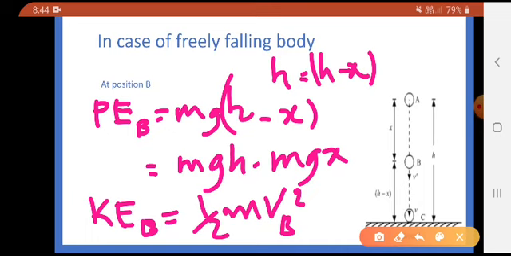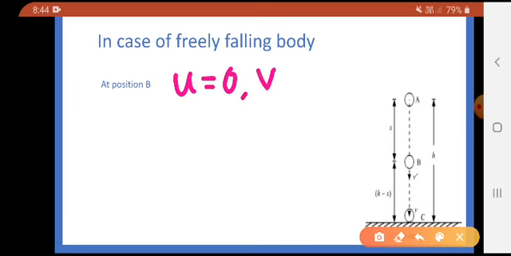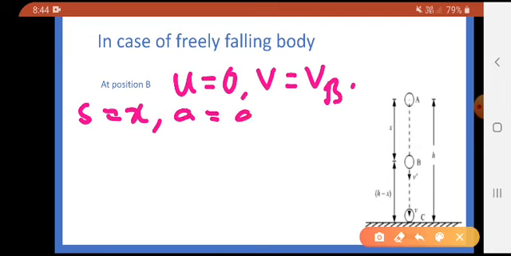We don't know it, so we have to find it. The body is falling freely, so initial velocity is u, velocity at point B is v_B, travel distance is x, and acceleration is plus g. It is coming down, so it is plus g.